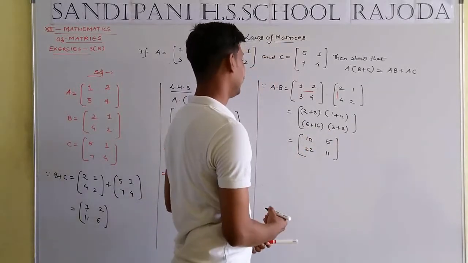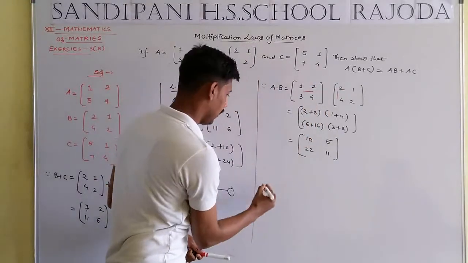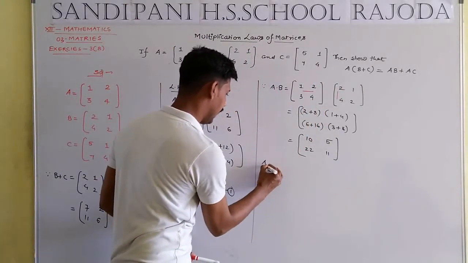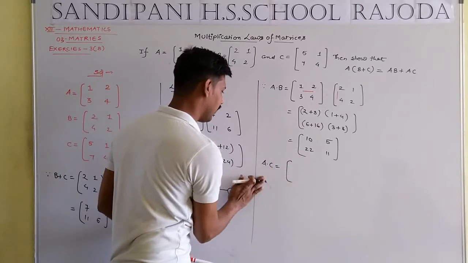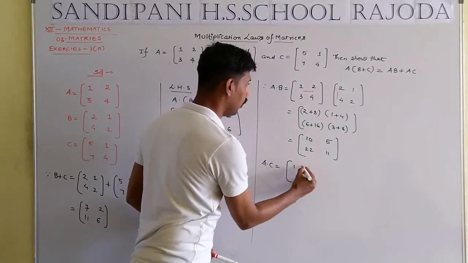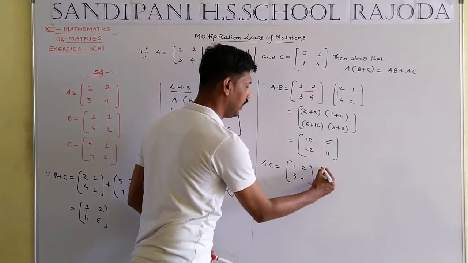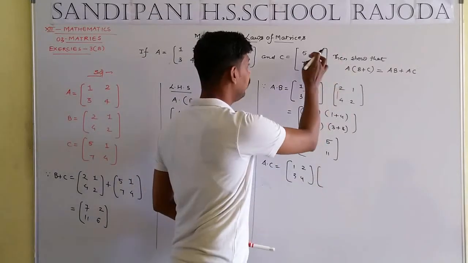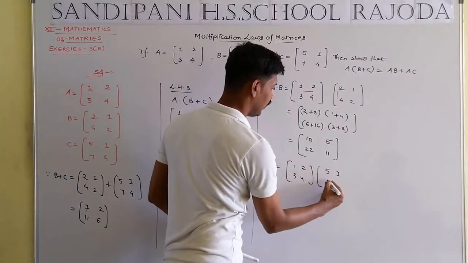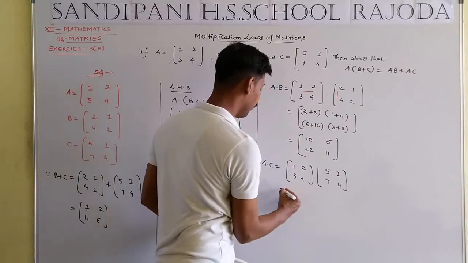Now we take the second part, A dot C. What is the value of A? A is [[1, 2], [3, 4]] and C is [[5, 1], [7, 4]]. How do we multiply?